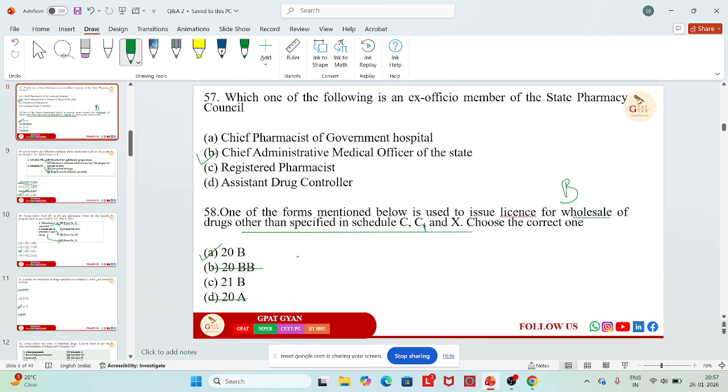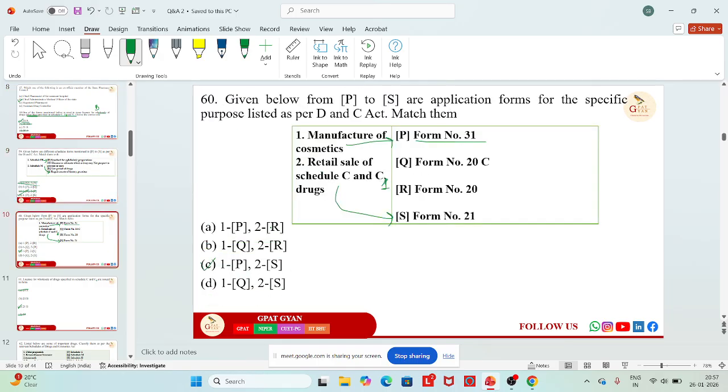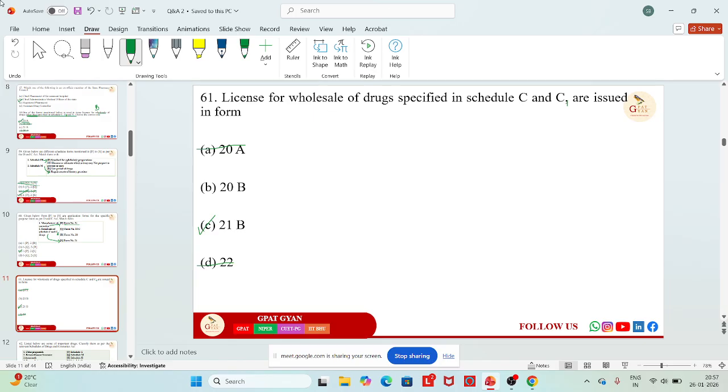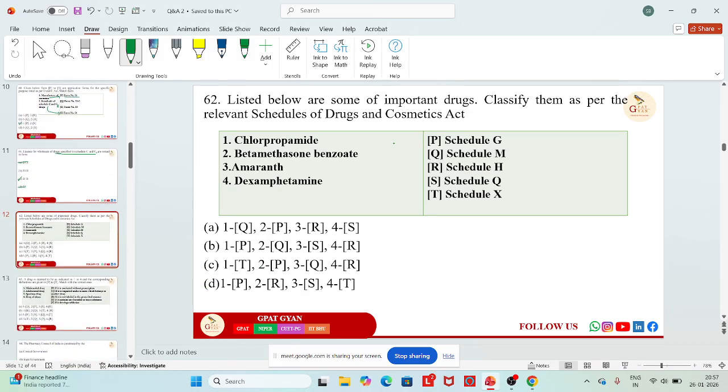Yes, this will be the 20B for the other than. It is 20B, and for the schedule C, C1, the wholesale will be 21B. Drug specified in schedule C, C1. Next, another match the following.